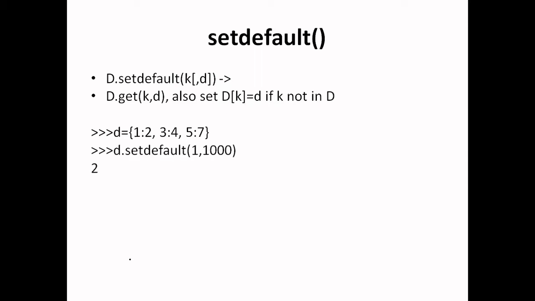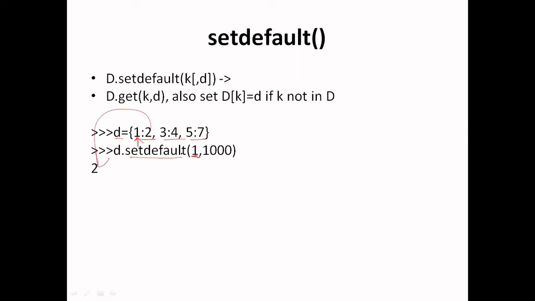So let's have an example. In this example I have taken a dictionary object d which has three elements: 1 colon 2, 3 colon 4 and 5 colon 7. In this case, if I check d.setdefault(1, 1000), since this dictionary contains the key 1, its respective value will be returned.